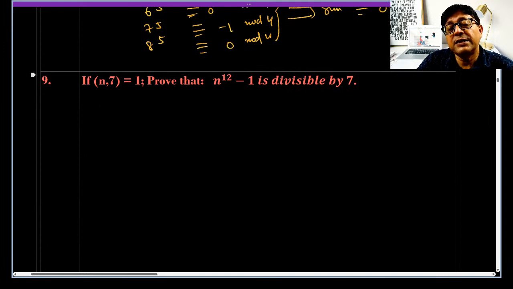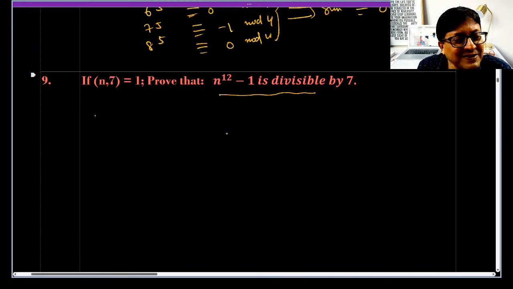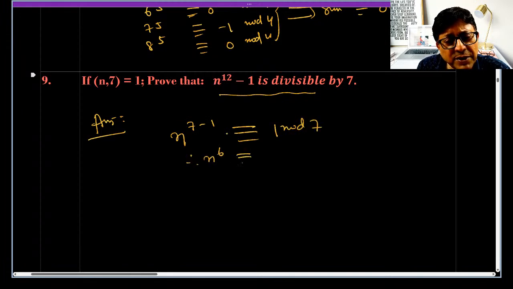How to prove this? For n prime to 7, n to the power 12 minus 1 is divisible by 7. It's very easy. Why? Can you see something there before I do? n to the power 7 minus 1, that is n to the power 6, is congruent with 1 mod 7. This you could have done.